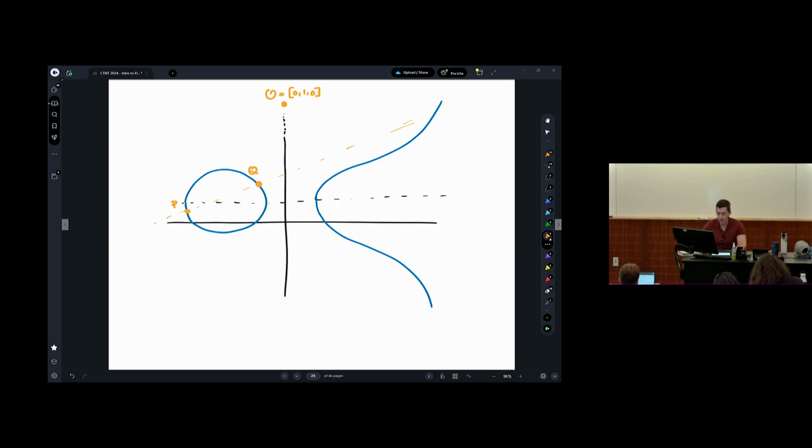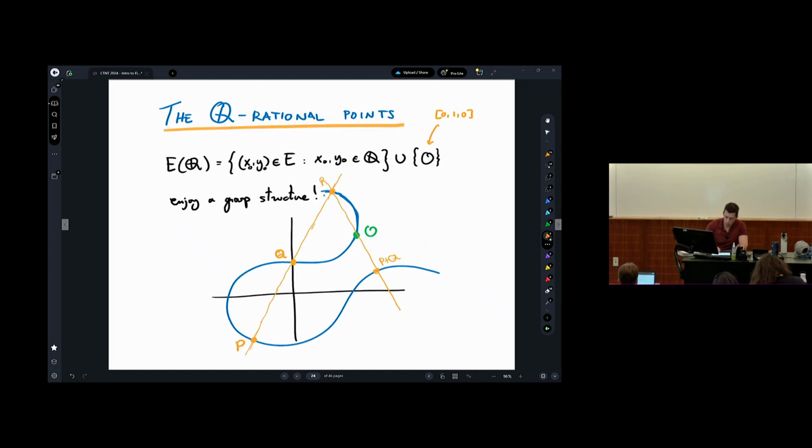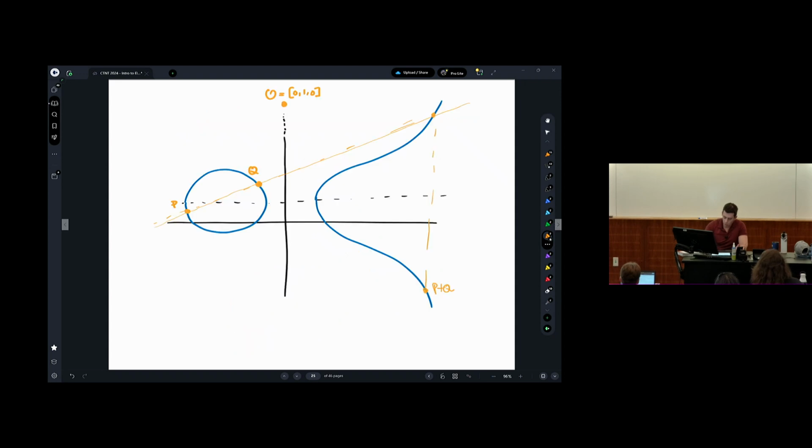If you have a Weierstrass model, then it works like this: you trace the line here, then you reflect, and this is going to be P plus Q. It works the same way, because once I found the third point of intersection, I drew the line from R to O. If I draw a vertical line, remember that every vertical line goes through O. So it is the line from O to this point, it is vertical, and then I find the third point of intersection.